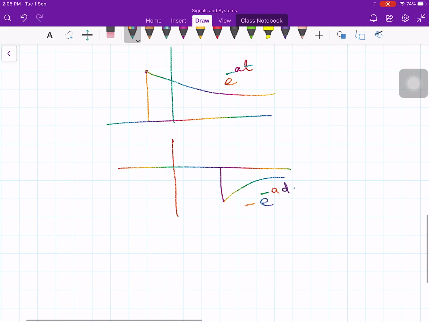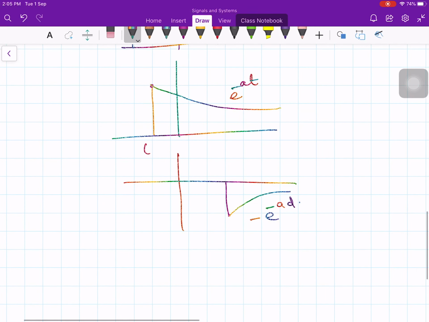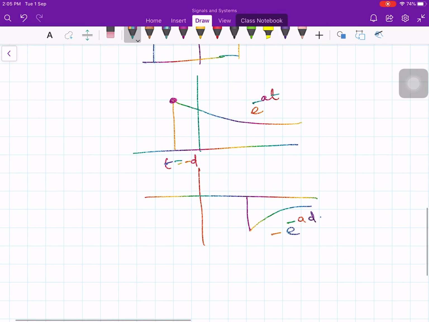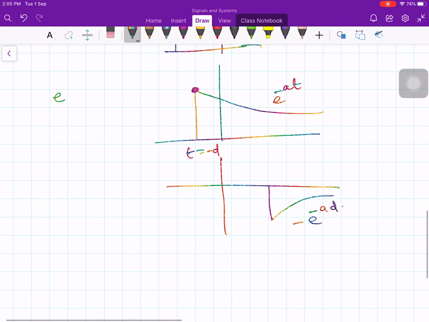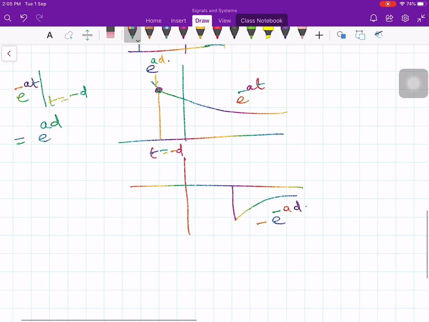Now when t is equal to minus d, what is the magnitude? This is e power minus at, then t is equal to minus d, therefore this is e to the ad. So this magnitude is e to the ad. So we have to find out the Fourier transform of this function.